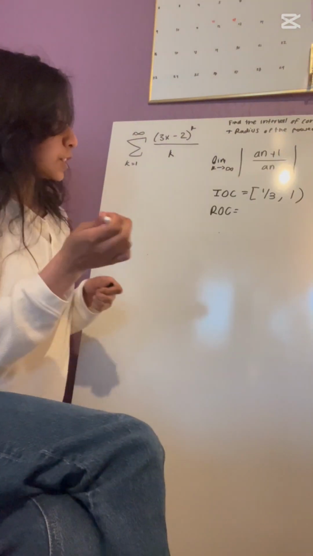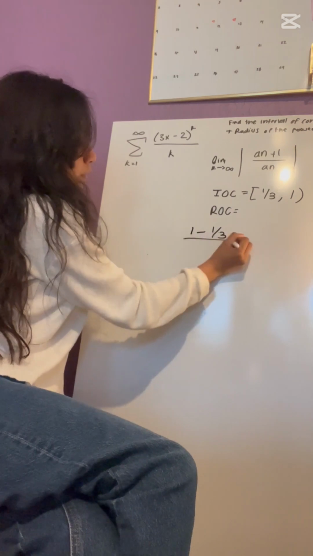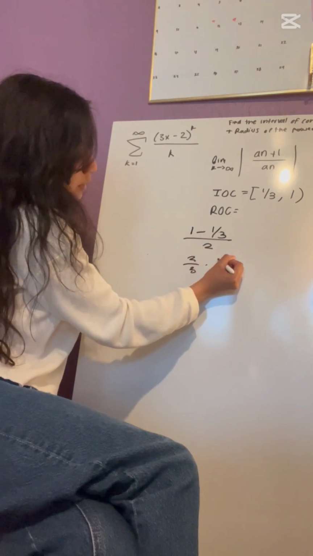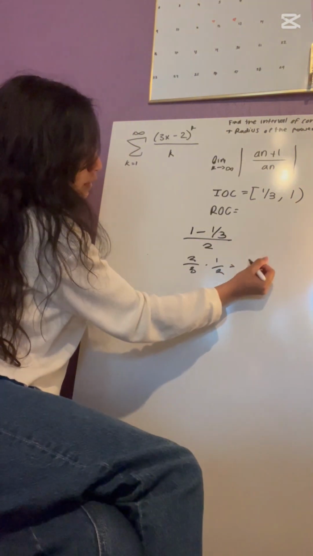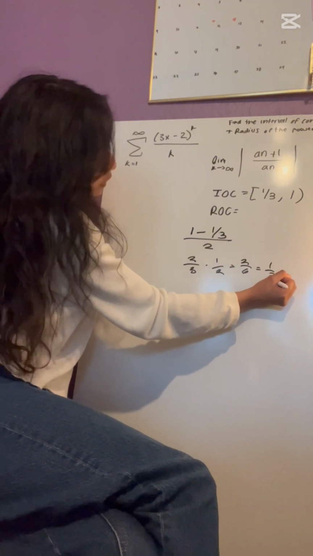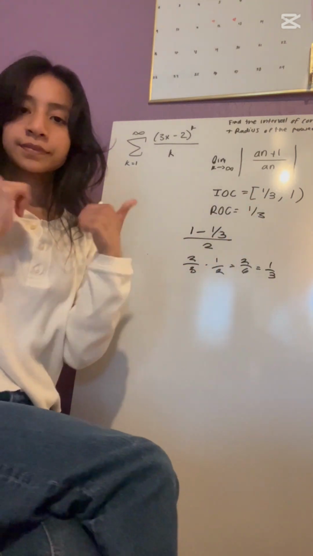Find our radius of convergence, which I like to do as 1 minus 1/3 over 2. That way I can just see 2/3 times 1 over 2 equals 2 over 6, which equals 1/3. So my radius of convergence is 1/3. And you're good.